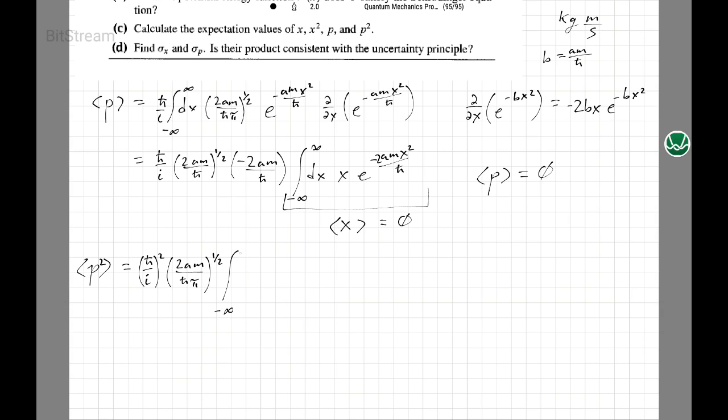Now we're going to have this guy. I really should just replace it with that b. And now we need the second derivative.